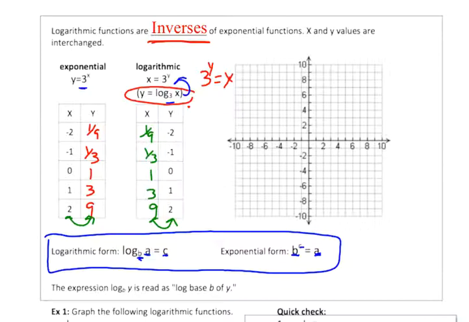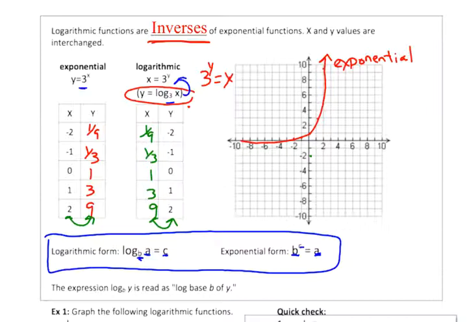So if I compare these two graphs, I'm going to graph the exponential in red. If I do my points here, it's going to look like this. So this is my exponential. I do my logarithmic in green. So x is 1/9 and my y is negative 2.